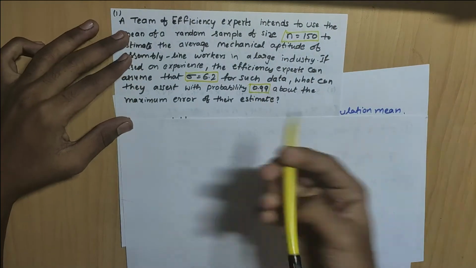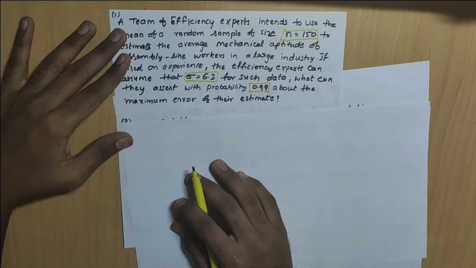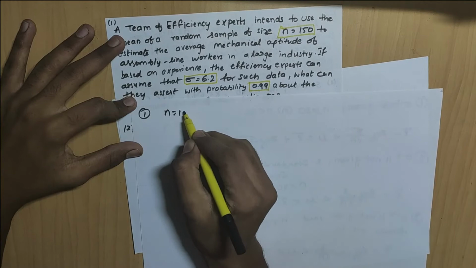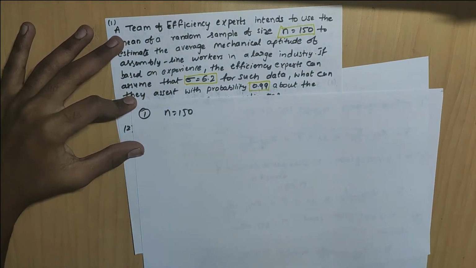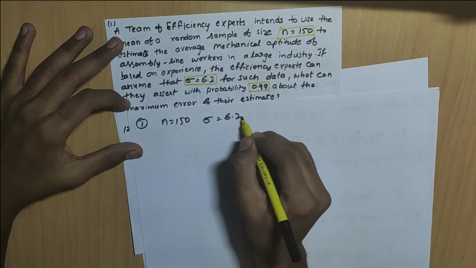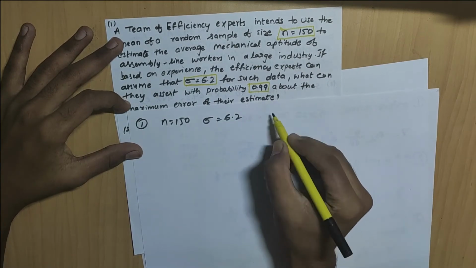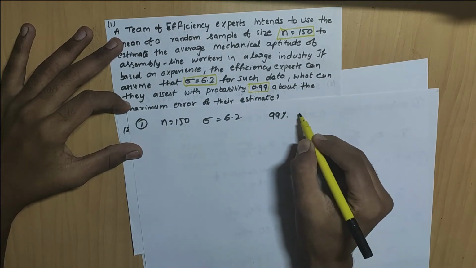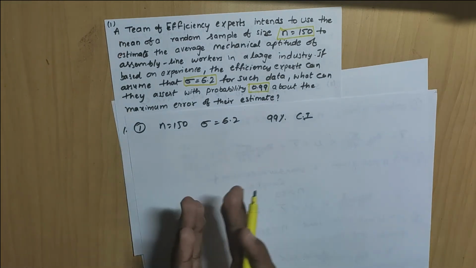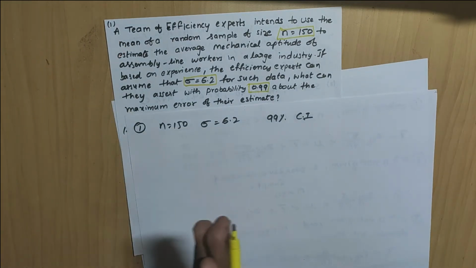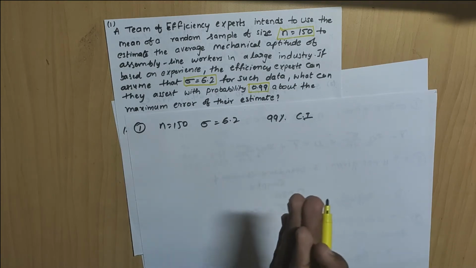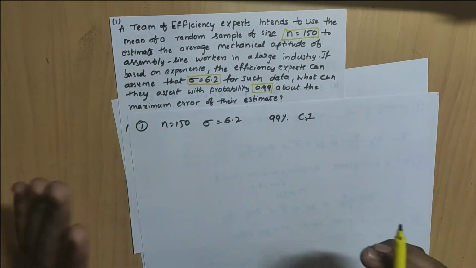Just rewrite these terms as given. n is 150, sigma is 6.2, and the confidence level is 99%. He asks us for the maximum error of the estimate.